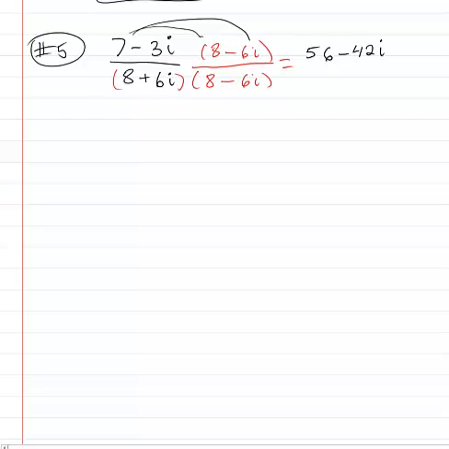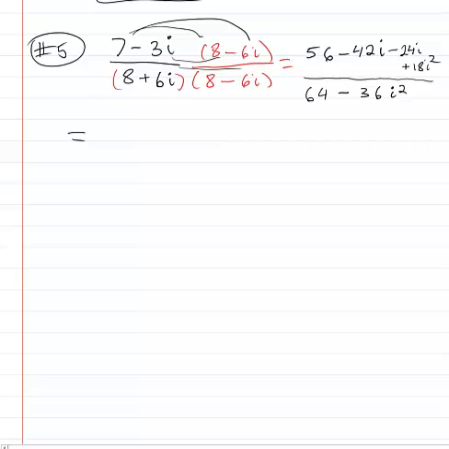Then you have minus 24i, and then plus 18i squared, right? And the denominator would be 64. Then you're gonna get minus 48i and plus 48i cancel out, and then you're gonna have minus 36i squared.